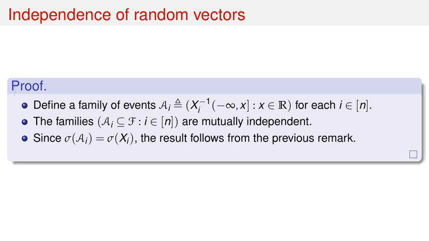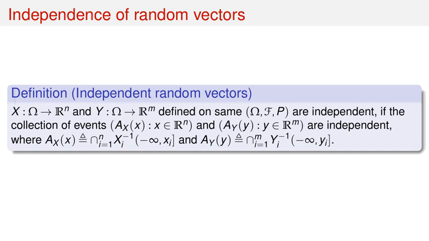Since sigma of script A_i is just sigma of X_i, the result follows from the previous remark that independence of generating classes often extends to independence of the generated sigma algebras under certain conditions, like those met by pi systems.